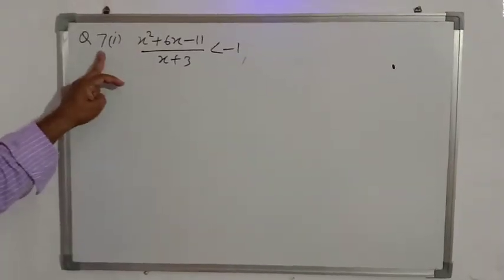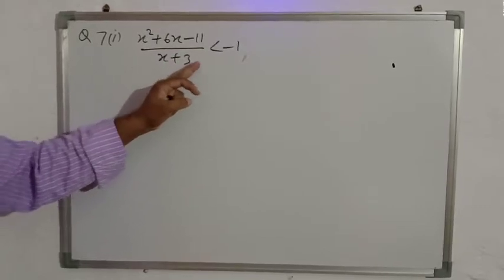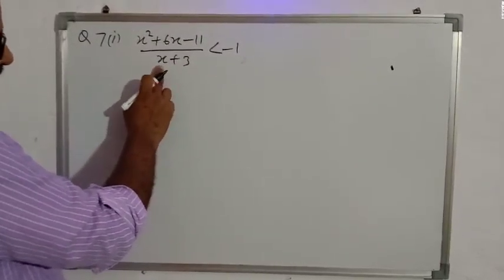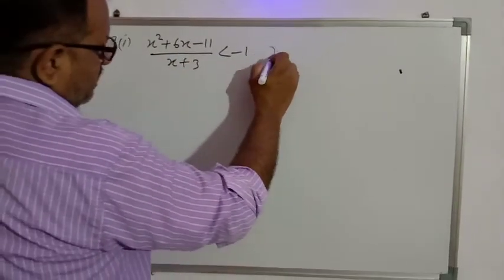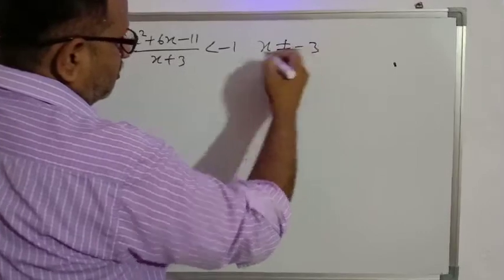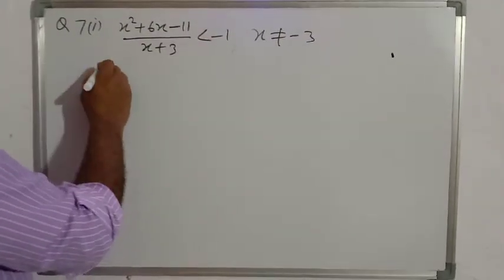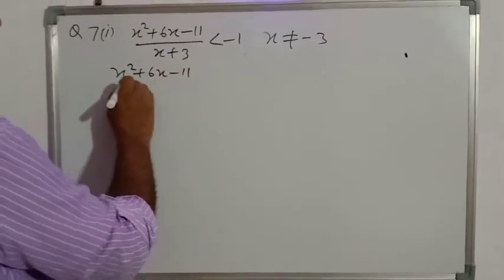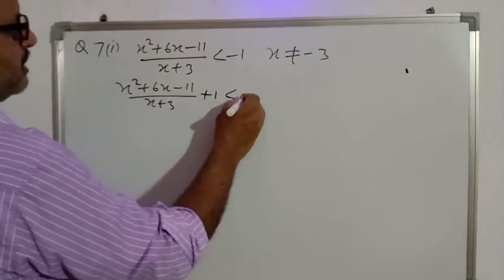Question number 7. First, (x square plus 6x minus 11) upon (x plus 3) less than minus 1. We see that x cannot be minus 3, because at x equal to minus 3 it will be undefined. So x is not equal to minus 3. Now transpose minus 1 to the left side. So (x square plus 6x minus 11) upon (x plus 3), plus 1, less than 0.